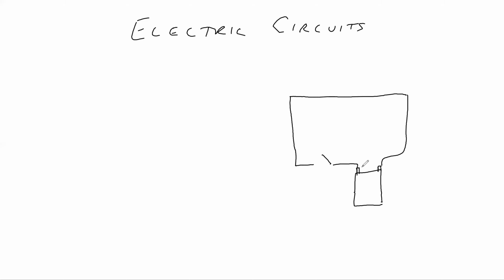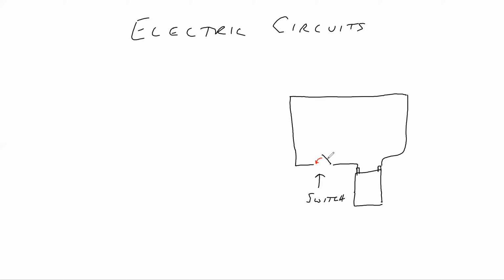And this is a switch. When a switch is open, there's no flow. But when the switch closes, then we can have electrons, energy, moving from the negative to the positive. And so this might be a circuit.